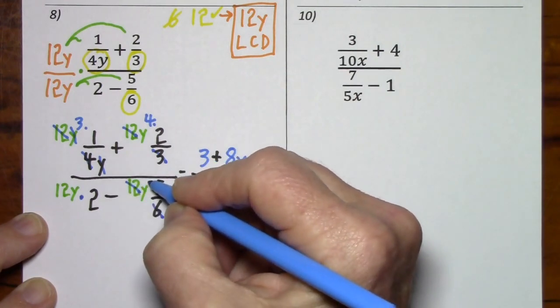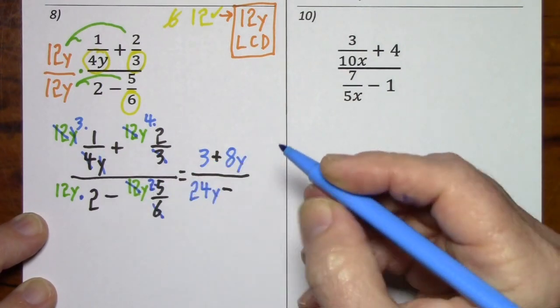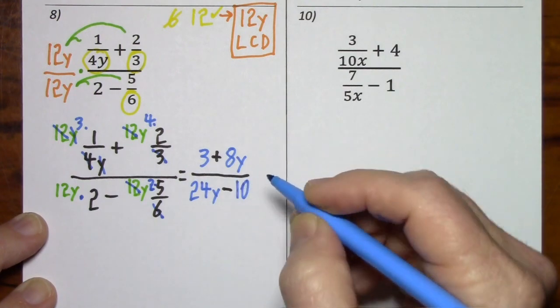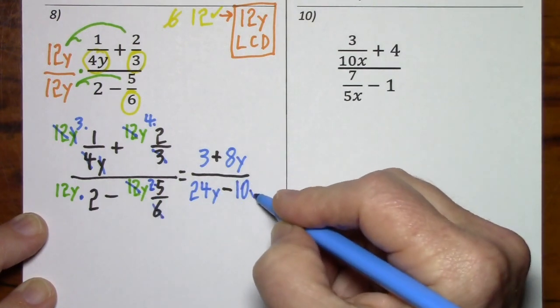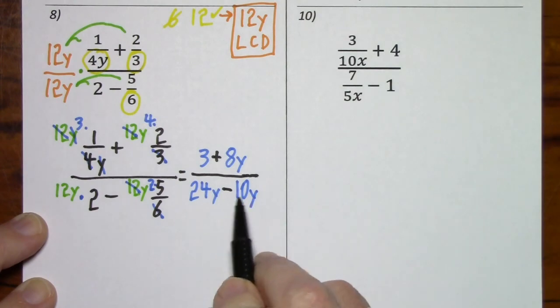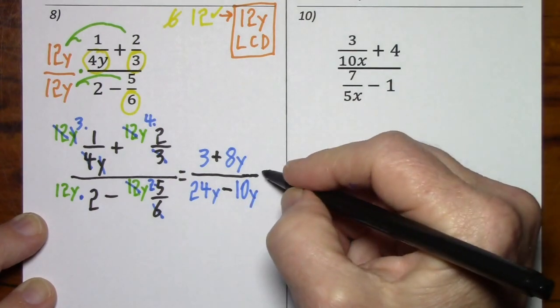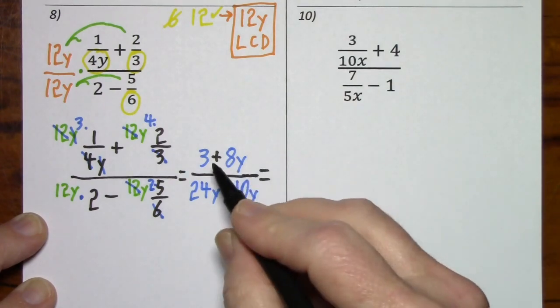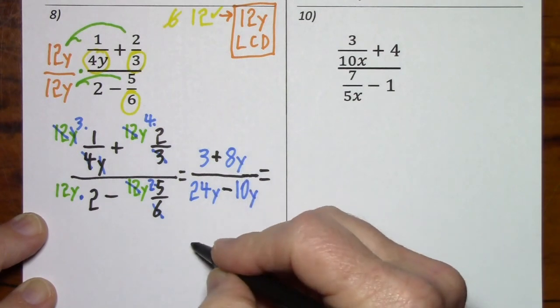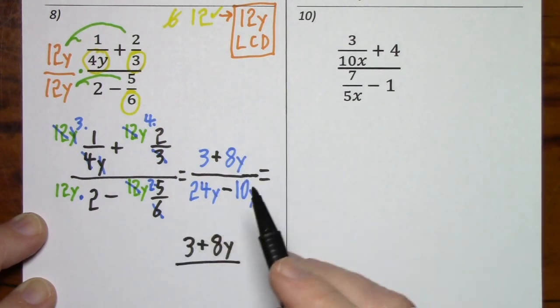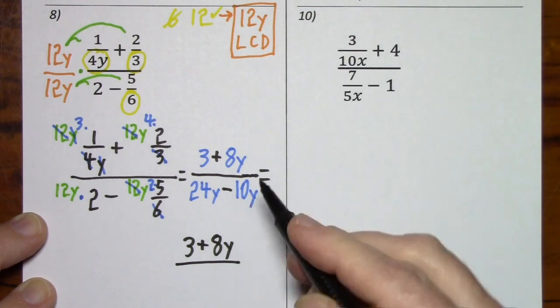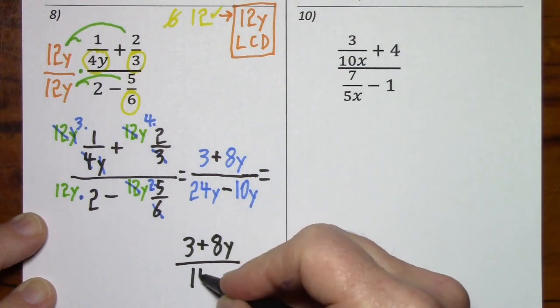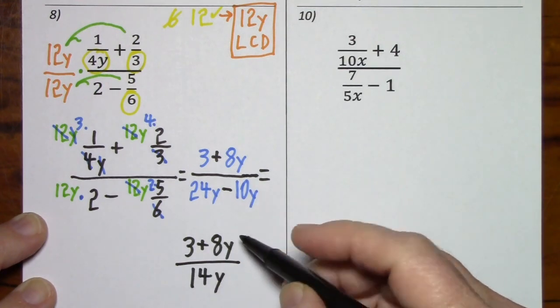Divide by 6 leaves you with 2 times 5 is 10. And bring along the y. Now we have like terms in the denominator, so we can combine them. So the numerator is 3 plus 8y. 24y minus 10y leaves us with 14y.